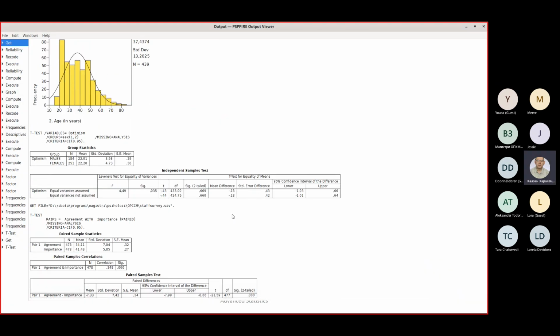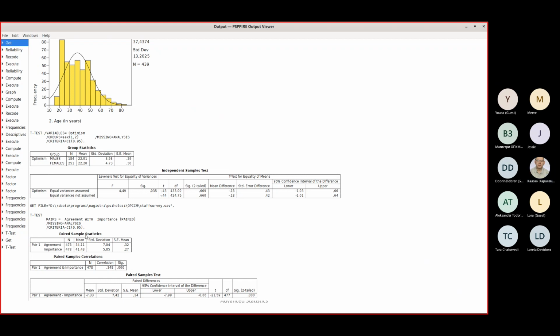So first here we have the average raw score for agreement and for importance. And we can see that the average score for agreement is 34.1 and the average score for importance is 41.4.